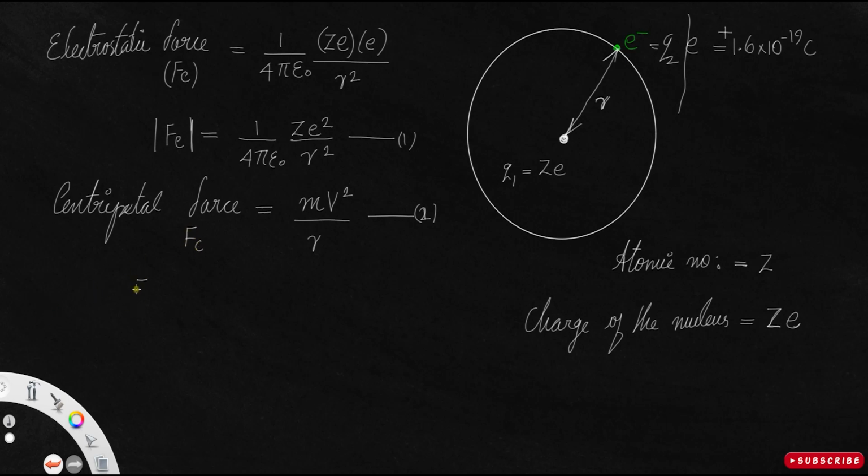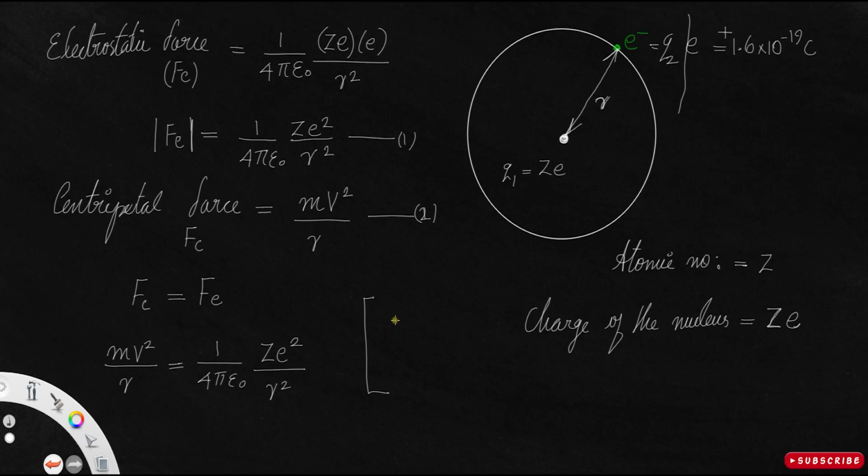So we have Fc, the centripetal force, must be equal to the electrostatic force. And I can equate these two. On the left hand side, we have mv square divided by r is equal to 1 by 4 pi epsilon 0, Ze square divided by r square.